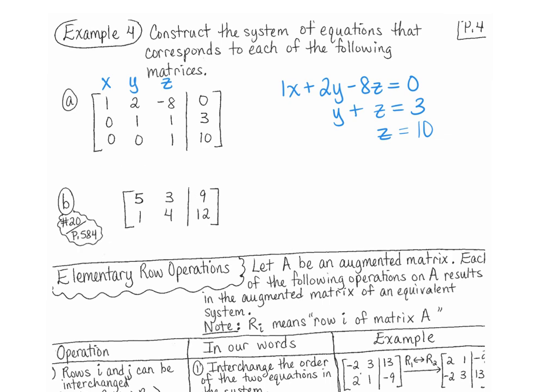This is a 3 by 3, so you're telling me it has 3 rows, 3 columns? 3 by what? 3 by 4 because it has 3 rows and 4 columns. So this augmented matrix has this system of equations that corresponds to it, and the size of the augmented matrix is 3 by 4. We good? Do part B.